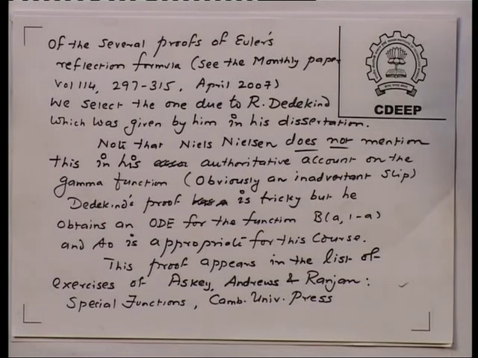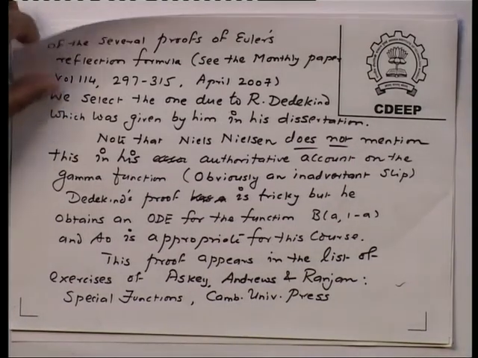Andrews, of course, is a great combinatorist, George Andrews. He is a great mathematician. All three are remarkable, but Andrews' name will probably be familiar because of the Rogers-Ramanujan identities. That's more familiar to us.